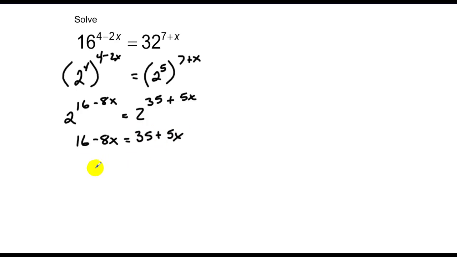Subtract the 35 from this side, I end up with negative 19. And bring the 8 over. I have 13x. And I have x equals negative 19/13 as my answer.